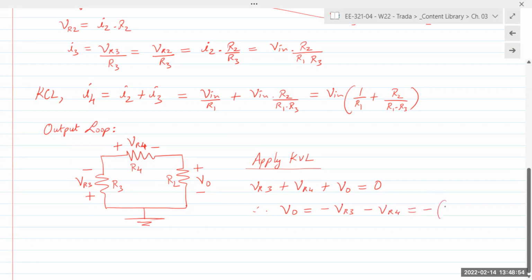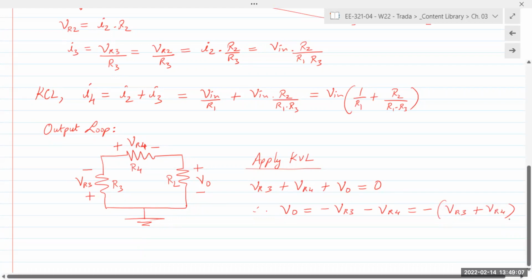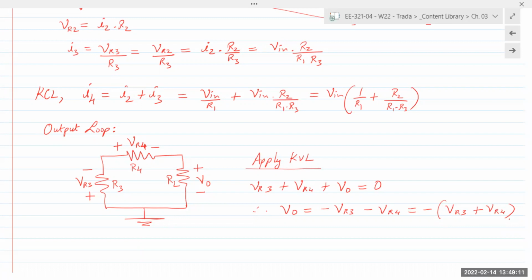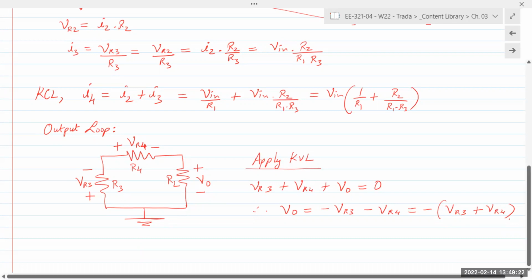You can take the minus sign outside and say VR3 plus VR4 gives us VO. The minus sign, of course, is because it turns out to be an inverting amplifier. So the output voltage is a sum of resistor voltages across R3 and R4. Does that make sense? Output loop.